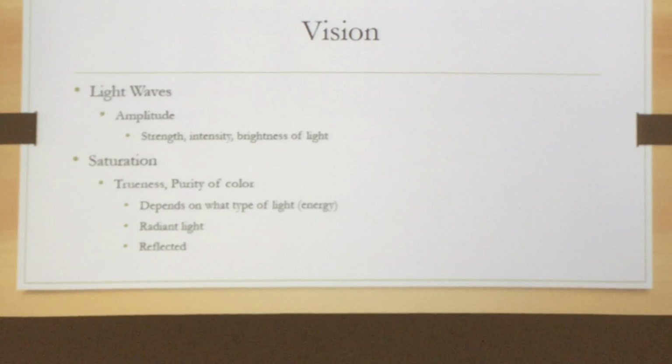Radiant light is from a direct source like the sun, a flame, something like that. Reflected light is where the waves bounce off of something and then reflect back. But some of that energy will be absorbed. If all the energy is absorbed, the image will appear black. If none of the energy is absorbed, it'll appear white.